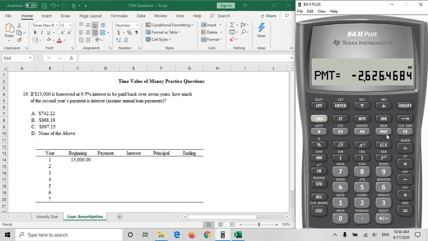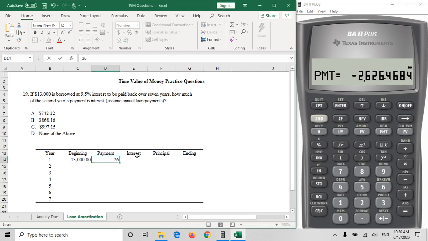So over 7 years, every year you need to pay 26.4684, enter. So you need to pay this every year.